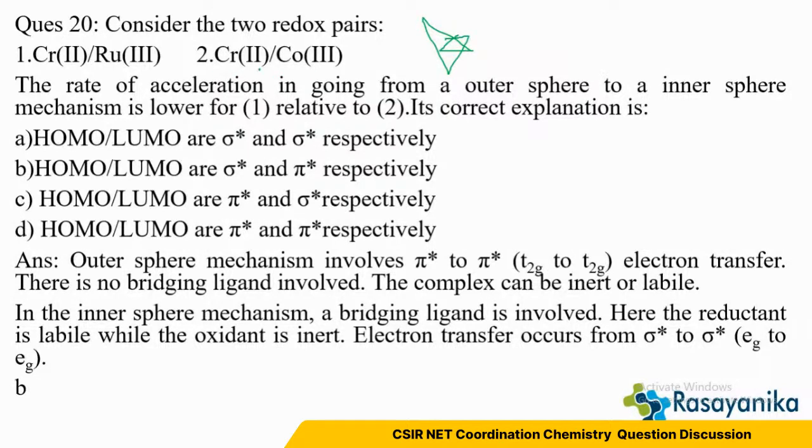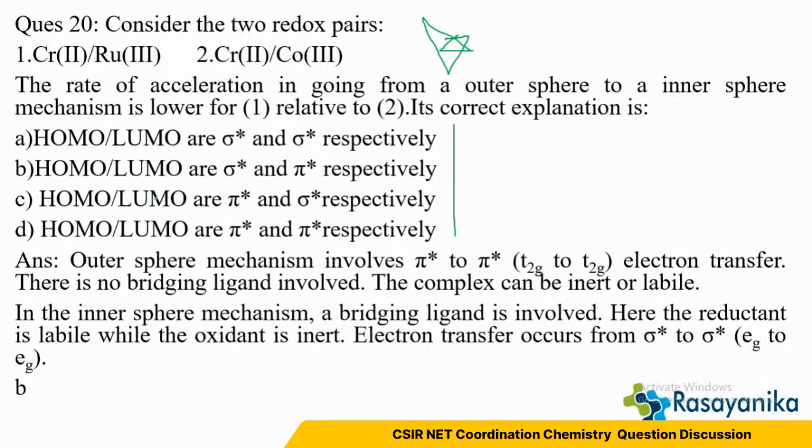The rate of acceleration in going from outer sphere to an inner sphere mechanism is lower in 1 relative to 2. Its correct explanation is, the rate is lower for the first one as compared to the second one. So we have to explain why it is happening like this.